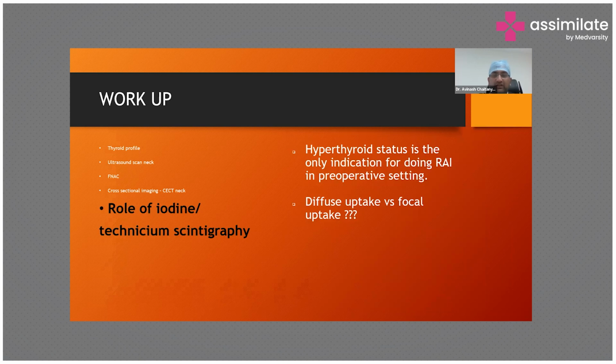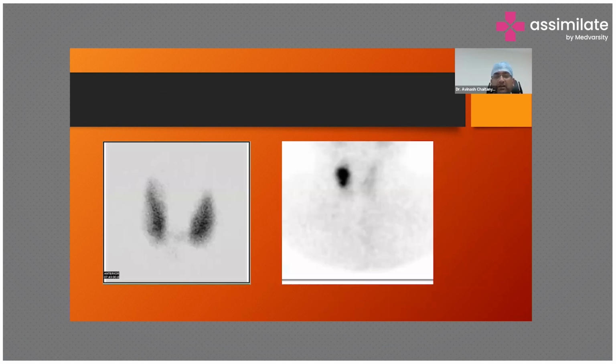So as I was telling you previously, in a hyperthyroid state, you have to do iodine scintigraphy first. Initially, in previous days, a routine iodine or technetium scintigraphy was done in all cases. But now we have limited the use of iodine scan preoperatively only to hyperthyroid nodules, because that way, if it is a diffuse uptake, as in the first picture, then you have to go by the medical line of management, and surgery is advised only in case medical management is insufficient or fails.